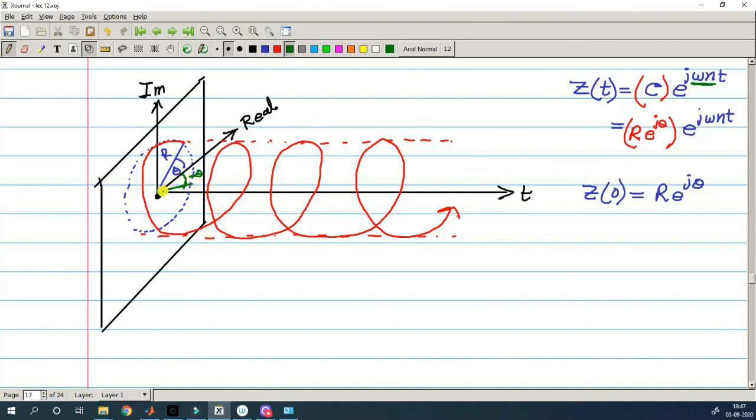The radius for both of them is the same, and then they will rotate in the opposite direction, one in the counterclockwise direction and the other one will rotate in the clockwise direction, like this.